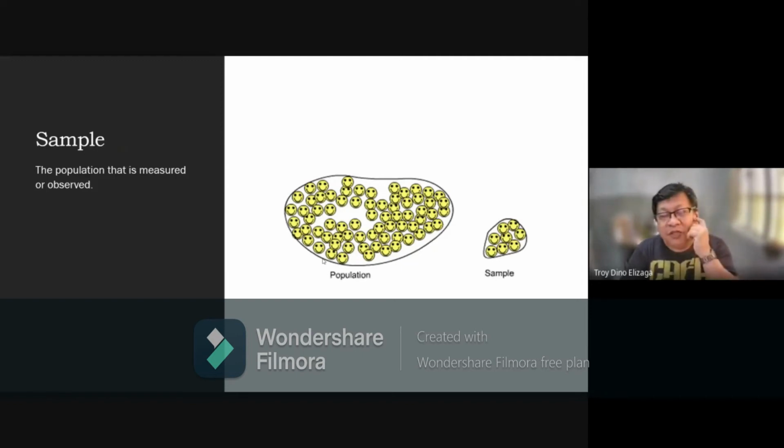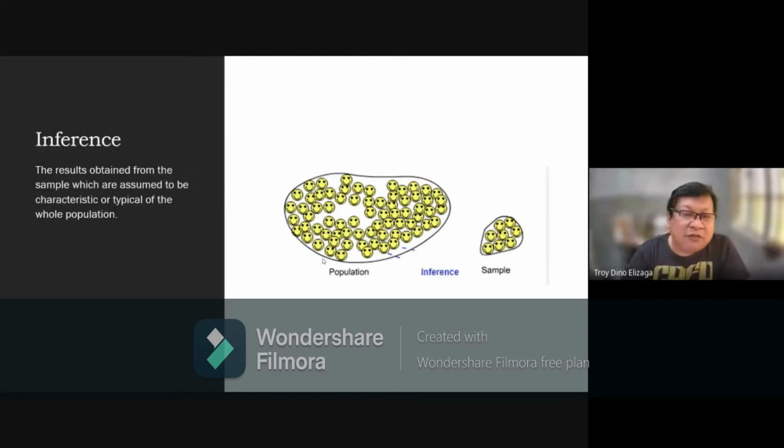And then from this sample, which is now manageable, we try to make a judgment, and that's what we call inference. We infer a conclusion, and then hopefully that conclusion is something that we can confidently say would represent the rest of the population.